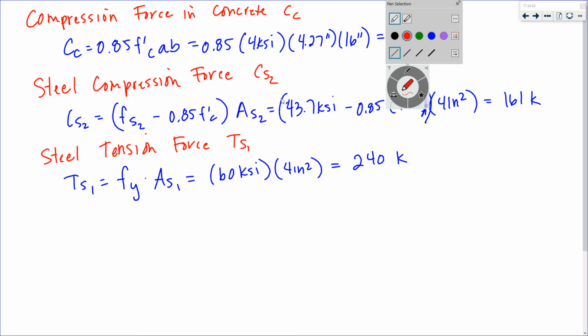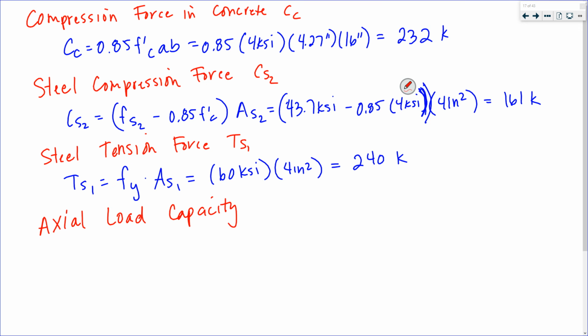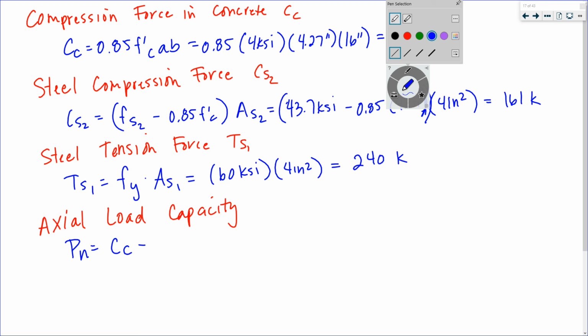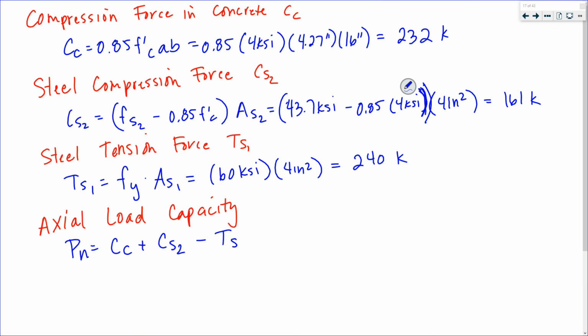My axial load capacity, PN, is my concrete plus my steel compression minus my steel tension. So 232 kips plus 161 kips minus 240 kips. It's not going to be a giant number, right?